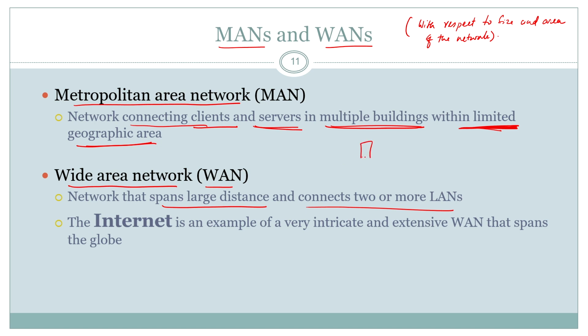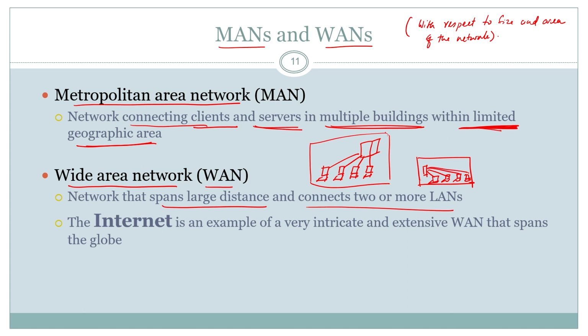You can have a server here, connected to all these networks, in one building, and there is another building in which there is another server, also connected.